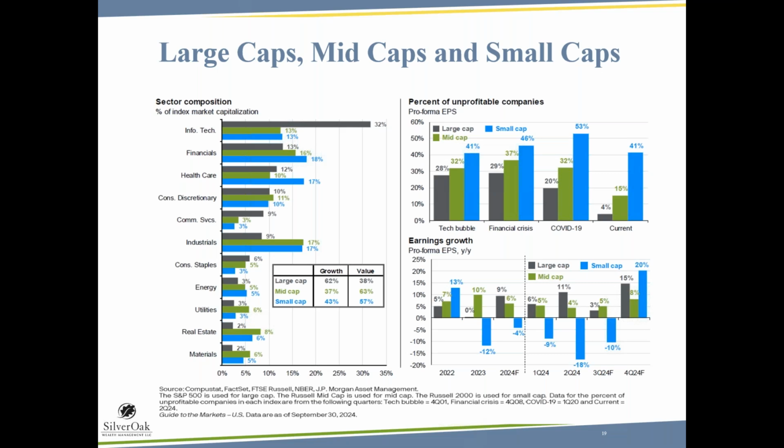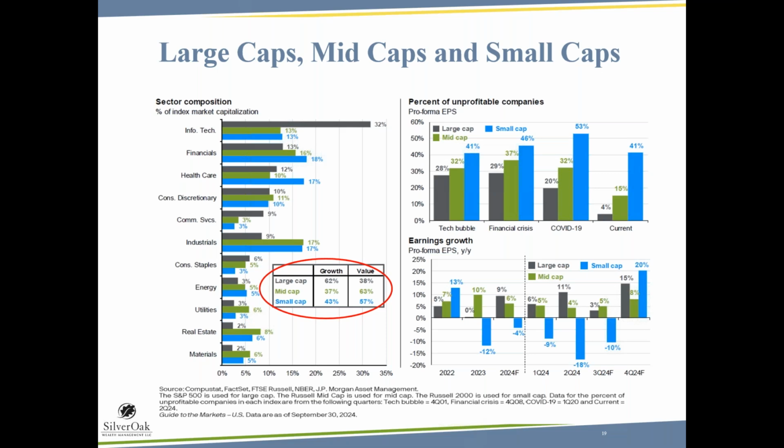So here, I made reference to this a few minutes ago. Here's the breakout of large, mid, and small caps. And there's some interesting dynamics to this, Jonathan. Why don't you walk us through those? Yeah, so on the left, we're looking at the sector composition between large, mid, and small. I think the thing we've seen is strong large cap performance, and we've talked about the Mag 7.